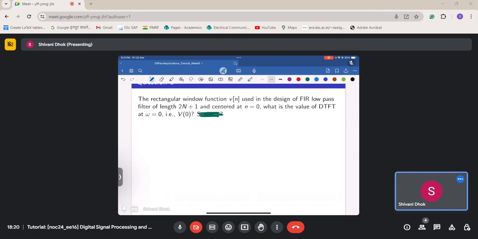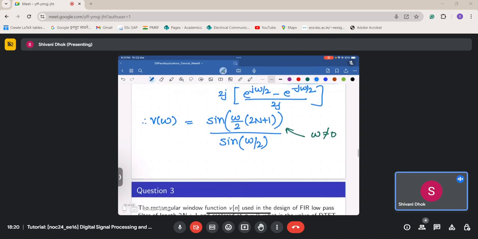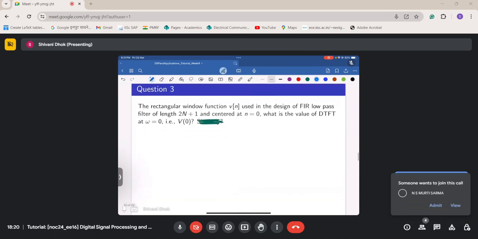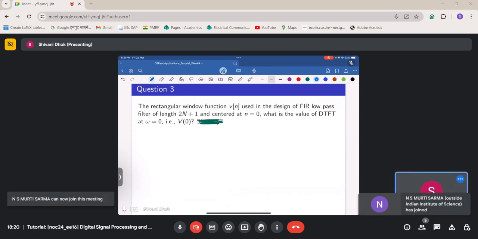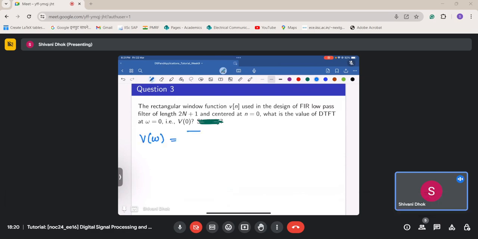This is the question that we are having. Now we'll try to solve this in two ways. One will use the above equation and use limits, and the other is a simple thing that we can do: directly use the formula of DTFT and evaluate it at omega equal to 0. So we know that V of omega is the summation over small n running from minus capital N to capital N of 1 into e power minus j omega n.